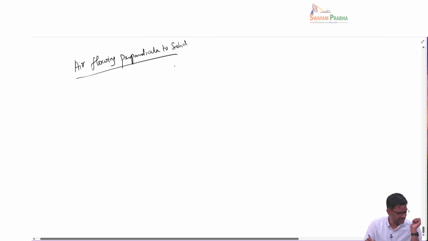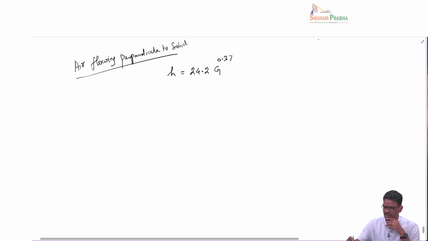In this case, the heat transfer coefficient is given by something like 24.2 G power 0.37, sorry, 3.37. This has to be compared with the parallel flow, where H was proportional to G power 0.5.